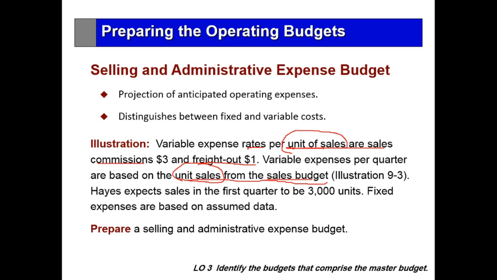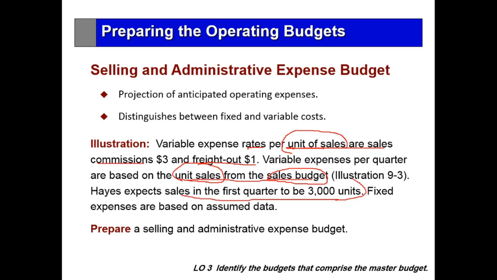At the beginning of budget preparation, we start with preparing the sales budget, and the first step in preparing the sales budget is the expected units to be sold for the coming year. Okay, he expects sales in the first quarter to be 3,000 units.